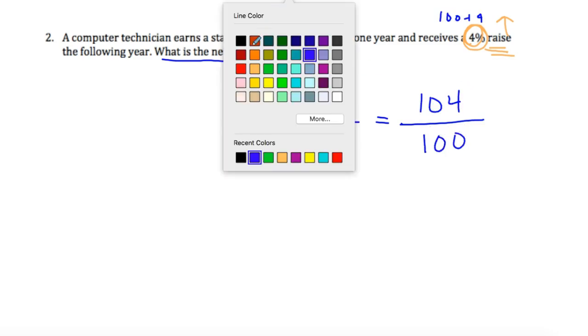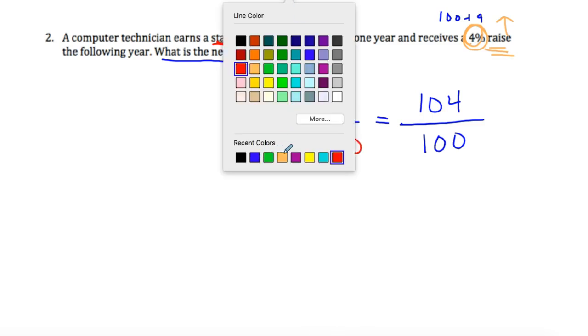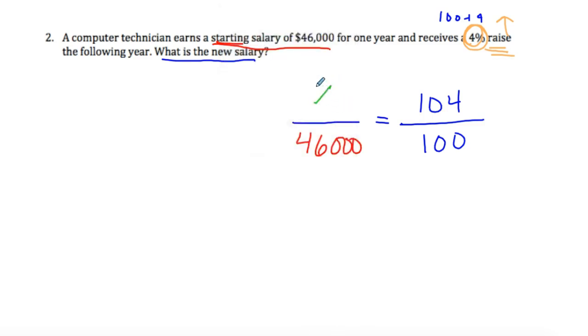Okay, so hopefully we're given a starting amount. We see starting salary, that goes down here. That's our original amount. What we're trying to find is how much does the computer technician get paid. Once I have my proportions, I go ahead and solve.